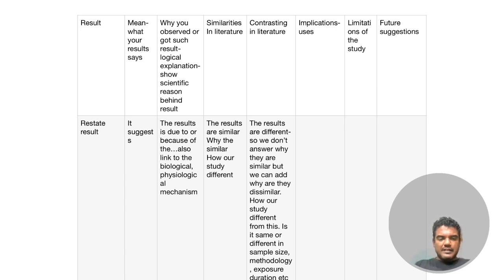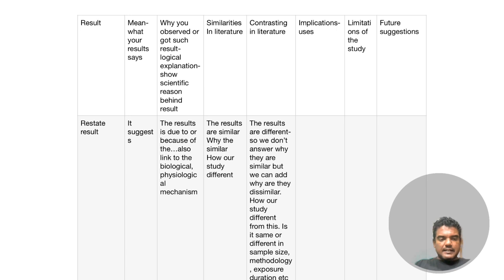Maybe the drug binds to a particular enzyme. That enzyme is very important for cell cycle progression. So such kind of scientific reasons we have to provide for the lower cell viability.